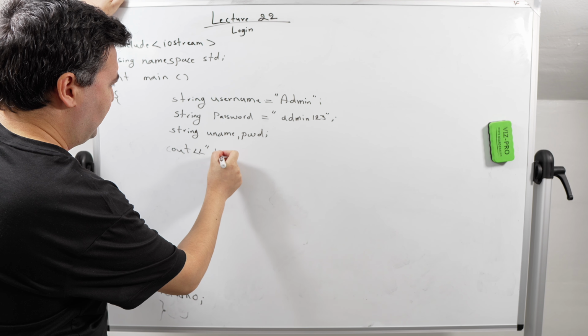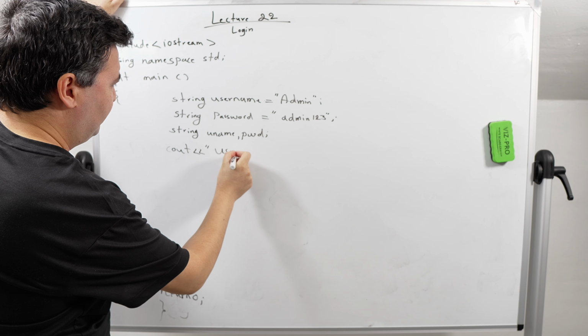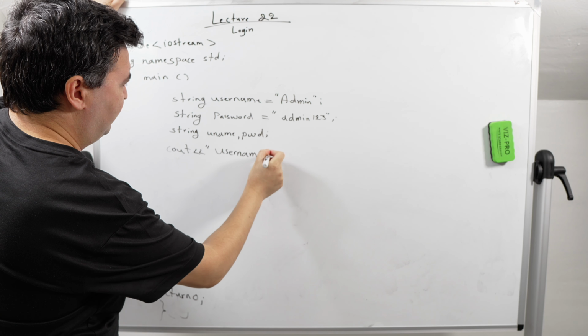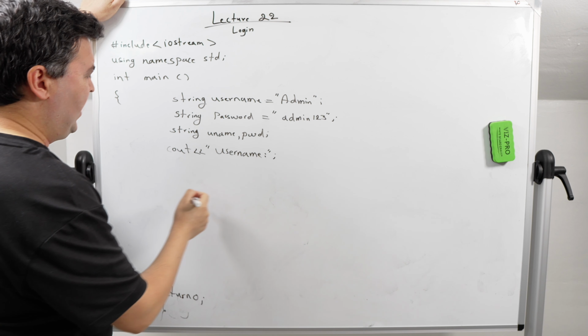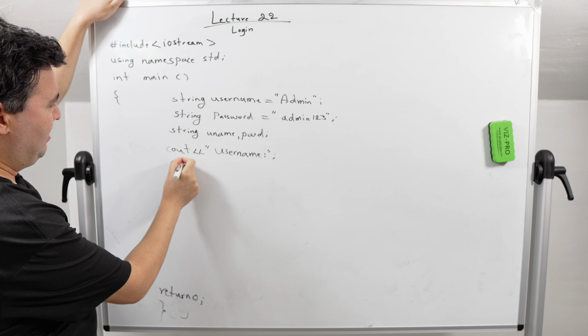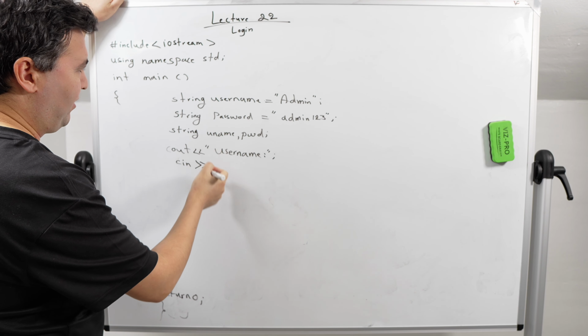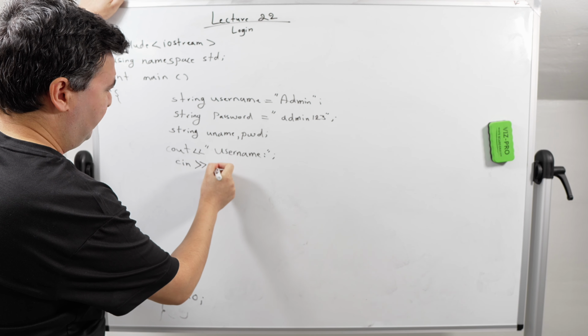Now we write cout, username. And then whenever the user enters the username, we say cin, so it goes to the uname.